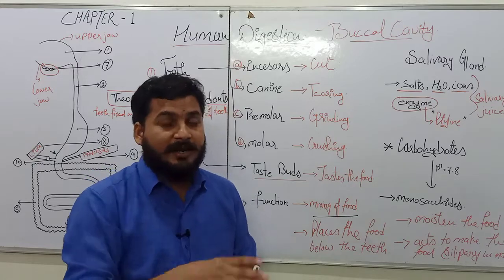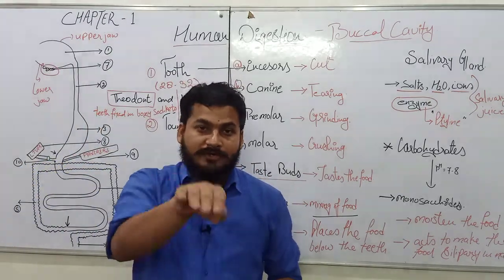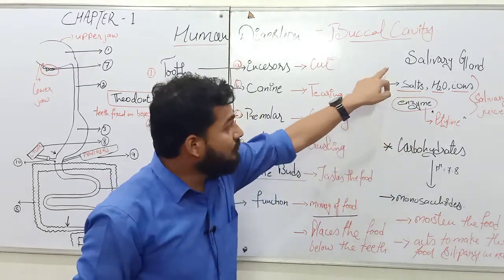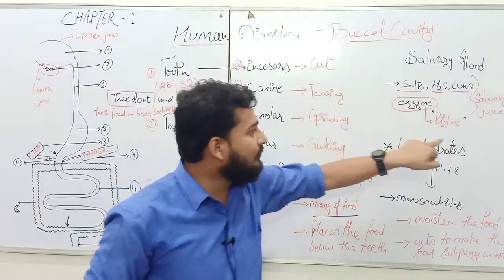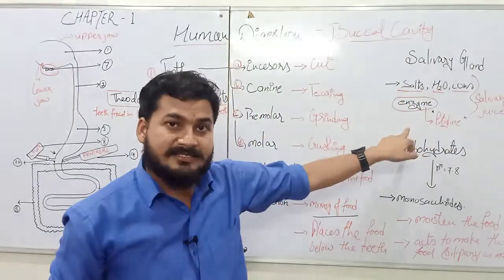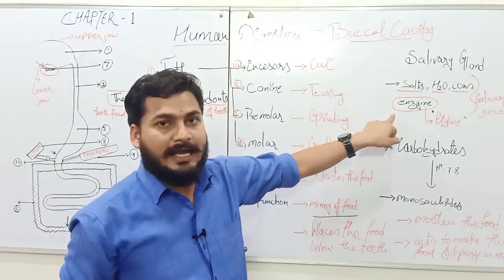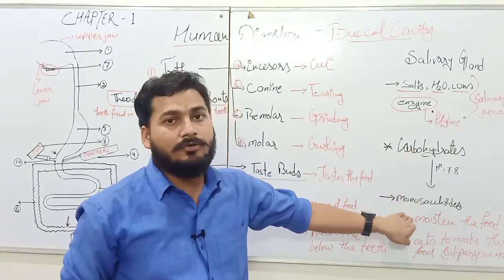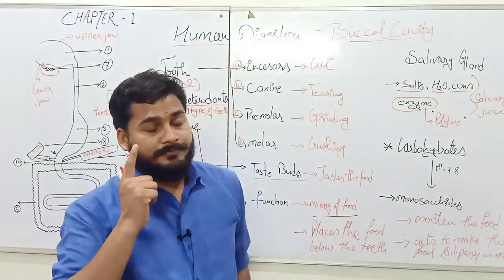Because of this movement, it will start to mix the food with salivary juice and enzyme. The better the mixture, the more will be the ability of this enzyme to convert carbohydrate into monosaccharide.